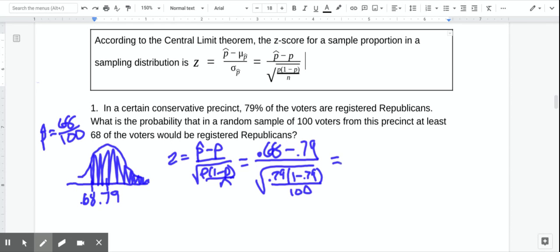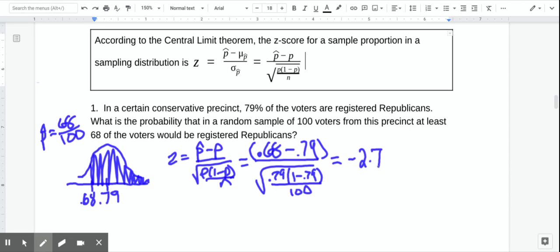Now, when I'm doing this in my calculator, I'll often do the parts underneath the square root first, and then take the square root of it, and then finally do the numerator divided by that answer. But however you get into your calculator, you can do it all at once if you use parentheses like that. I think we get negative 2.7.